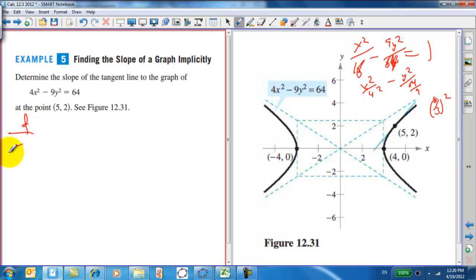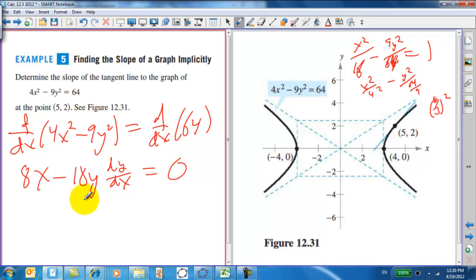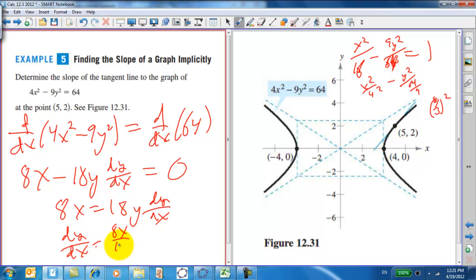So we take the derivative with respect to x of both sides, equals the derivative with respect to x of 64. So you get 8x minus 18y dy/dx equals 0. So 8x equals 18y dy/dx, or dy/dx equals 8x over 18y, which simplifies down to 4x over 9y.